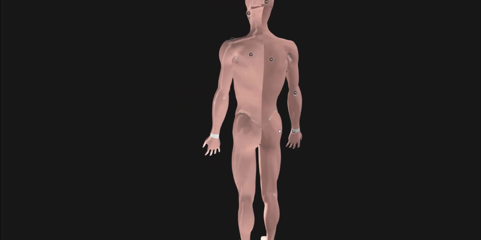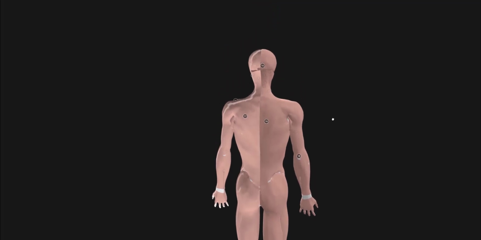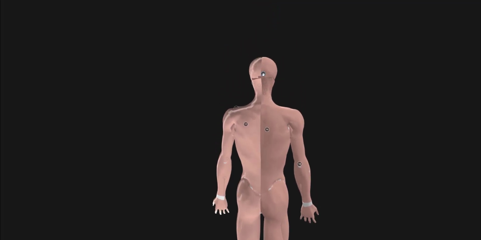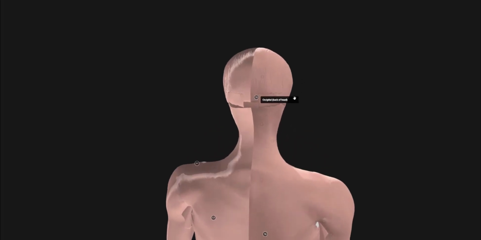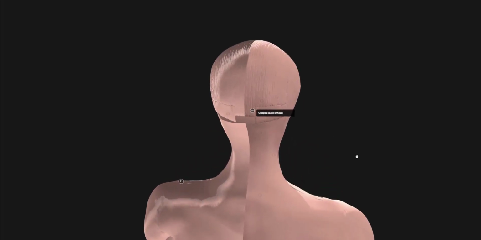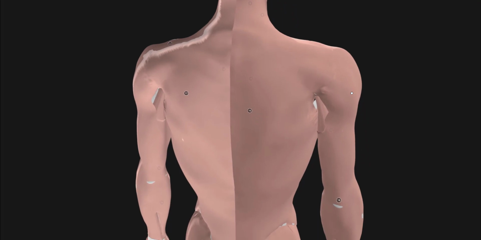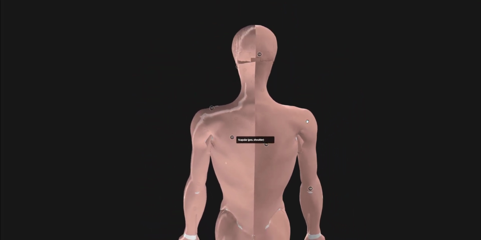Let's rotate the model around to the back and look at some of the structures in the back. This structure here is near the bone called the occipital bone, so it's the occipital area. That's the back of the head. And then here we have the scapular area, which is just lateral to the midline. That's the posterior portion of the shoulder.